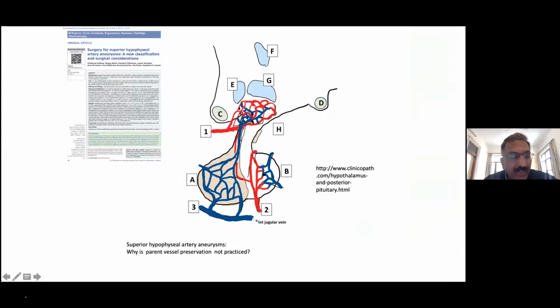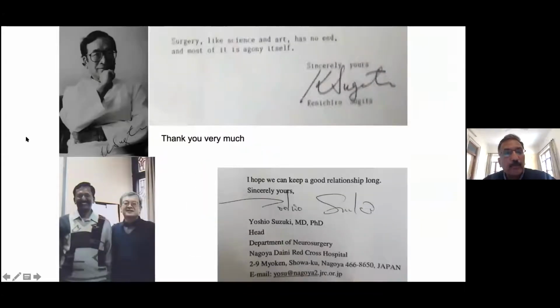So you don't really need to preserve the parent vessel when you actually deal with the superior hypophyseal artery aneurysm. And so, as Professor Kenichiro Sugita said, surgery, like science and art, has no end, and most of it is agony itself. Thank you so much for giving me this wonderful opportunity.